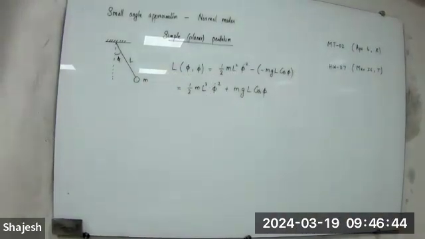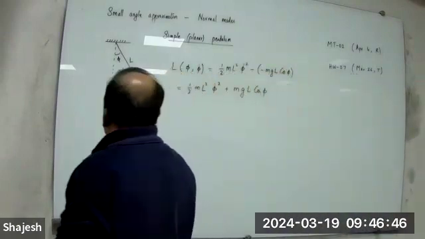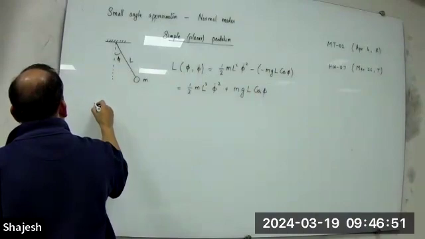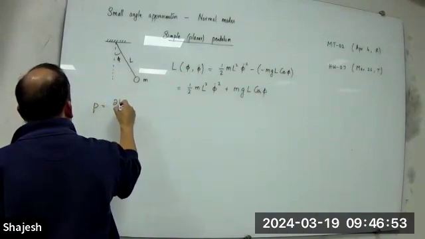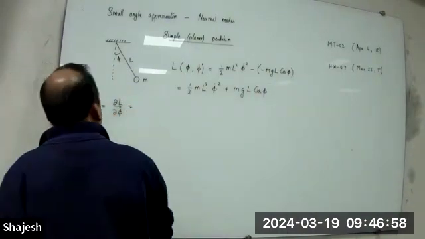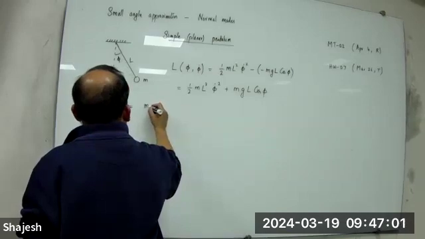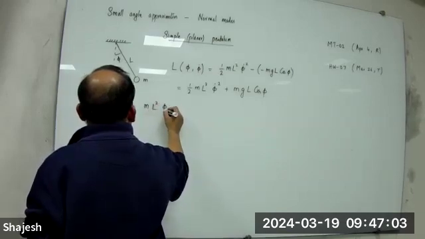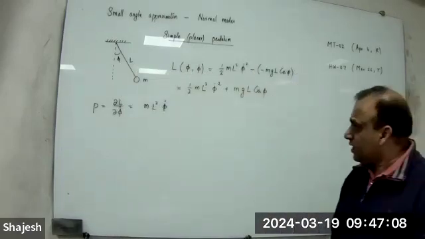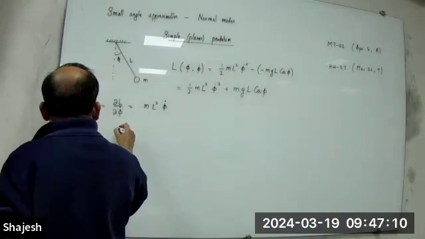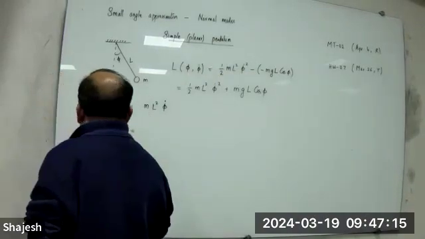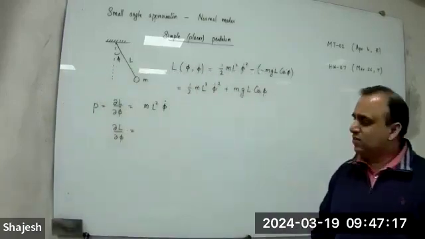Once you have the Lagrangian, the first immediate thing you can do is find the canonical momentum. So that's your P, dL by d phi dot, which is equal to m L squared phi dot. Doing the derivative with respect to the generalized coordinate itself, that typically is the force.